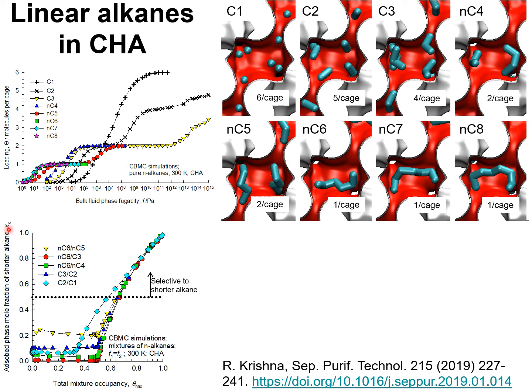The adsorbed phase mole fraction of the shorter alkane is plotted against the total mixture occupancy. For all these mixtures, the adsorption selectivity favors the shorter alkane when the pore occupancy is larger than about 0.6.